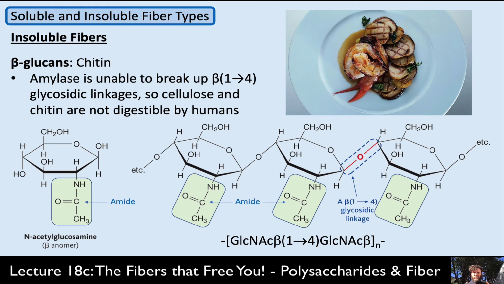So N-acetylglucosamine. And really, chitin, which is the structural component in the shell of lobsters or crayfish, is a beta-1,4 linkage between glucosamine instead of just glucose.